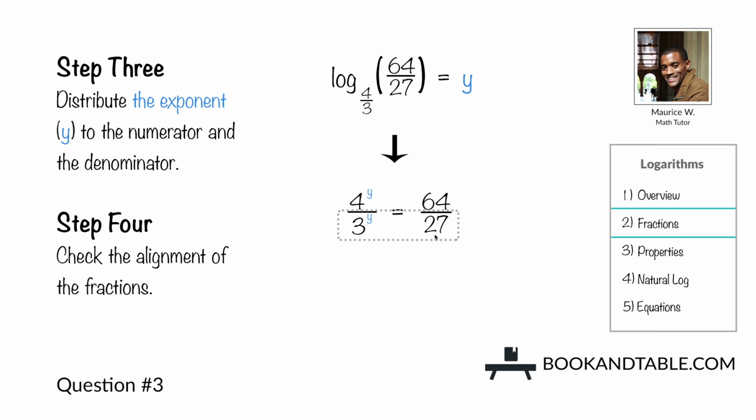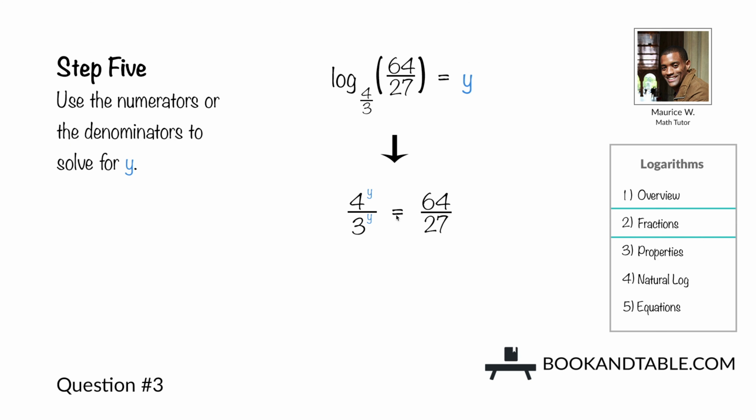So since the fractions are properly aligned, step 5 is to use the numerators or the denominators to solve for y. If you chose to use the numerators, you got 4 to a power of y is equal to 64. And 4 can be multiplied times itself 3 times to get 64, letting us know that y is equal to 3.